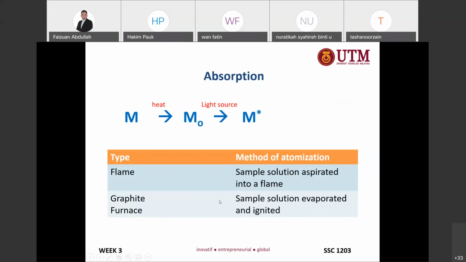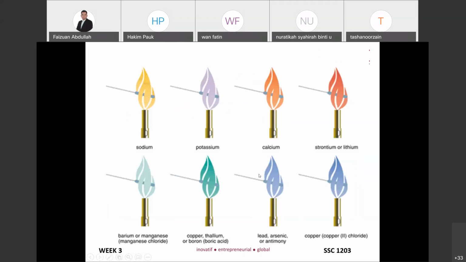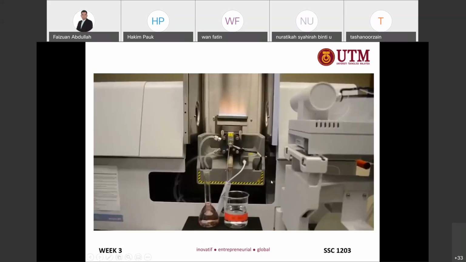So this is the color of flame with the presence of the minerals. This is the real AAS. You can see the flame here.